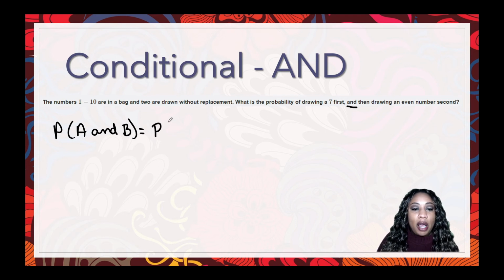So we're going to have the probability of A, which is the probability of drawing a 7 first. Now, the next one, because it says, and then drawing an even number second, this has to happen second.